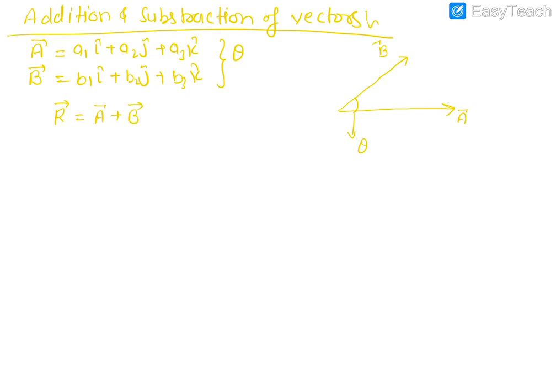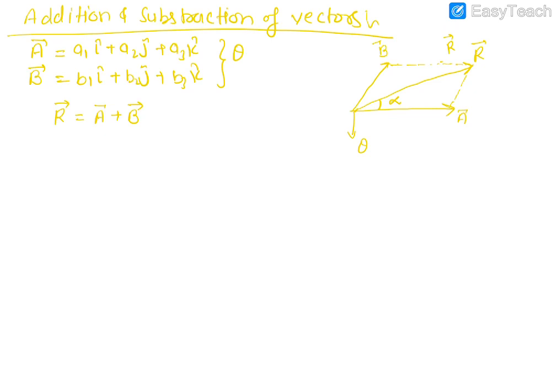Then how will we find the direction of r? Suppose this one is some r vector. How do we find the magnitude of the r vector as well as the direction of the r vector?